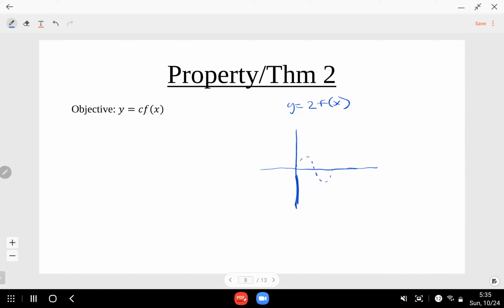Okay, so if we use the same example, and these are points you get. So I have this chart here.